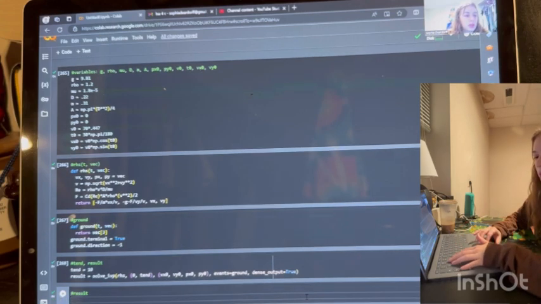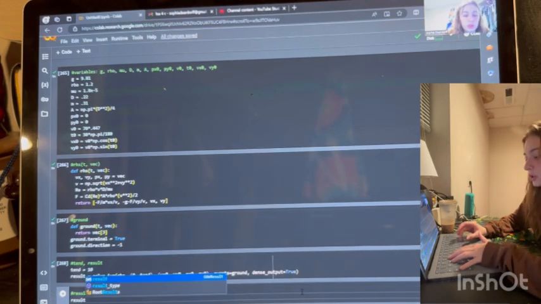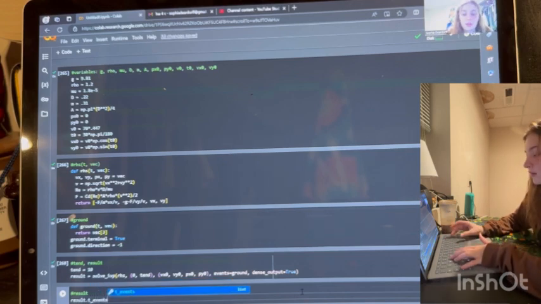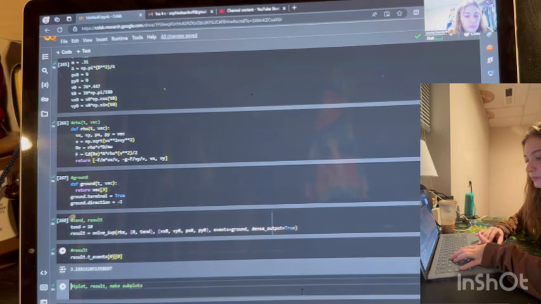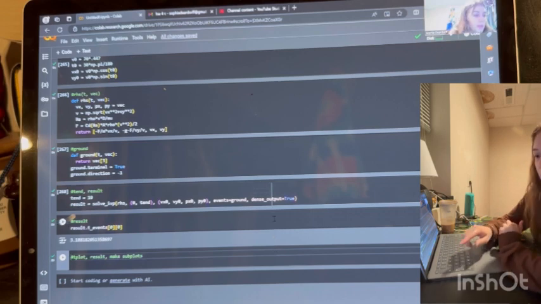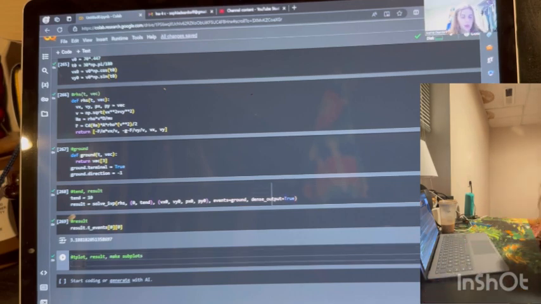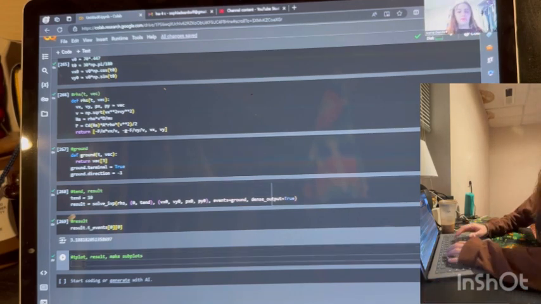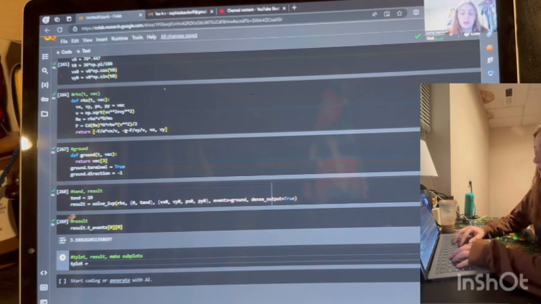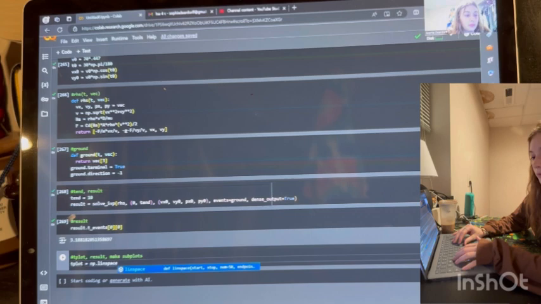And then we can do result.t of events for 0, and we get 3. And then our t-plot is where we're gonna do our np.linspace.